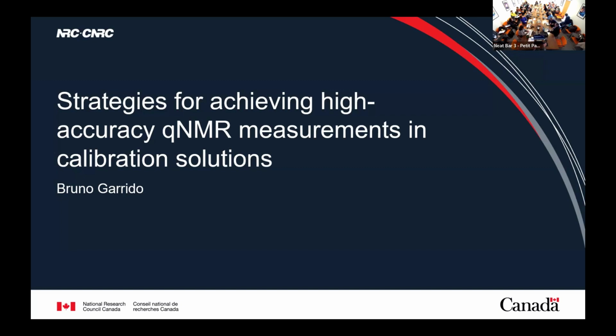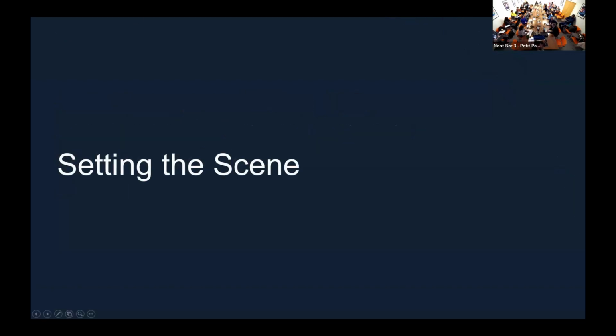And I'm going to talk a little bit about some strategies that we use for achieving high accuracy qNMR measurements in calibration solutions. So I would just like to begin by setting the scene.